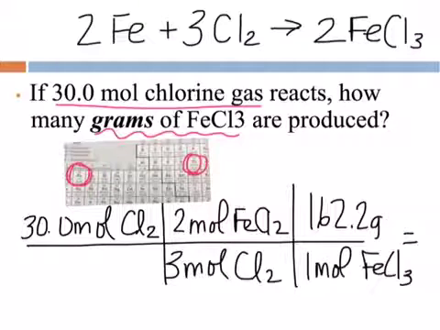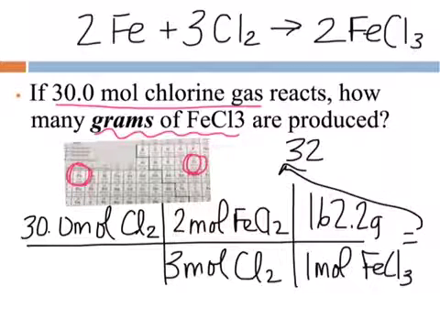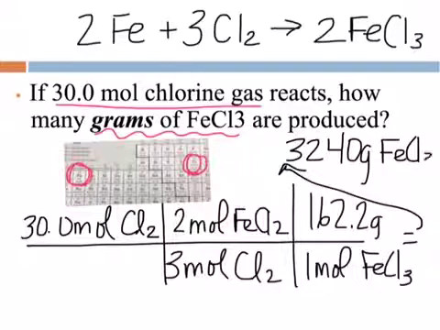Go through and do the math. You've got 30 divided by 3 times 2 times 162 divided by 1 is going to give me an answer of, I'm sorry, it doesn't exactly fit on here, 3,240 grams of iron chloride.